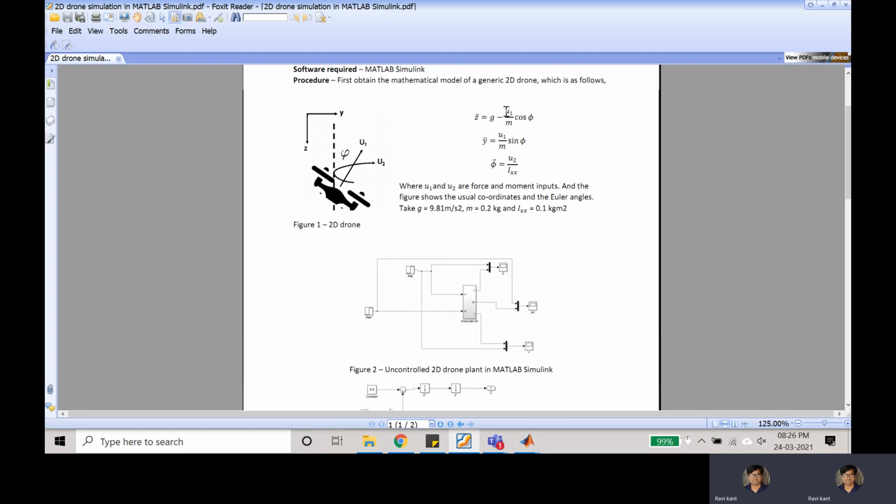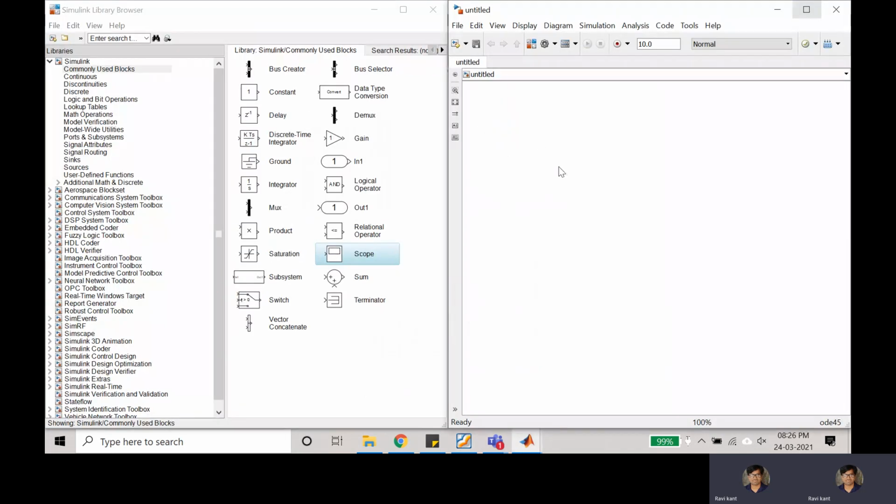I will subtract from it any step input or any input, multiplied with a gain that is 1 by m, and then whatever comes, I will treat it as z double dot. Okay, so this is how I'm going to draw this in Simulink.